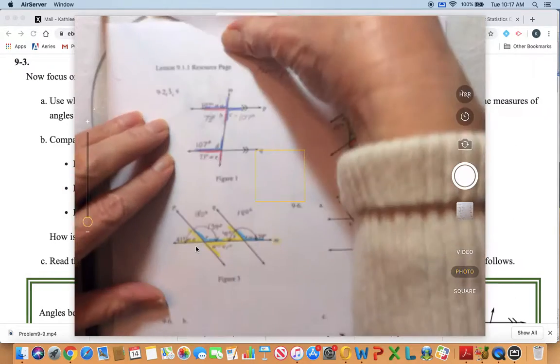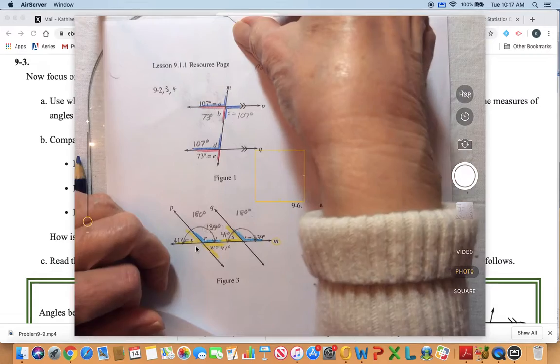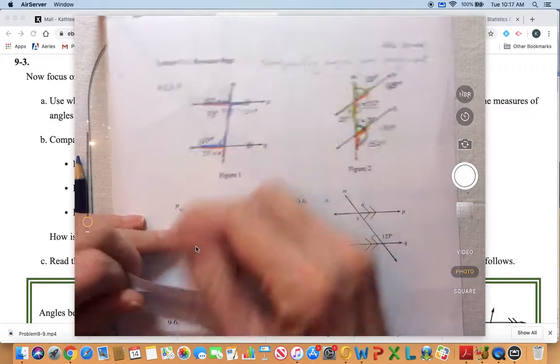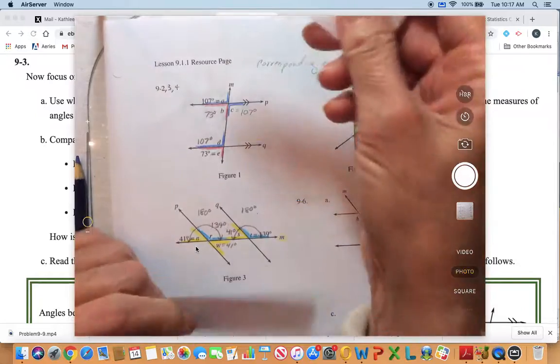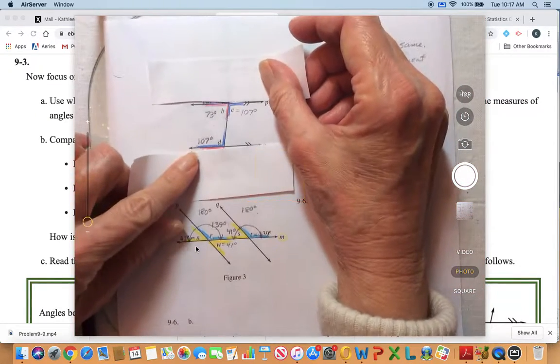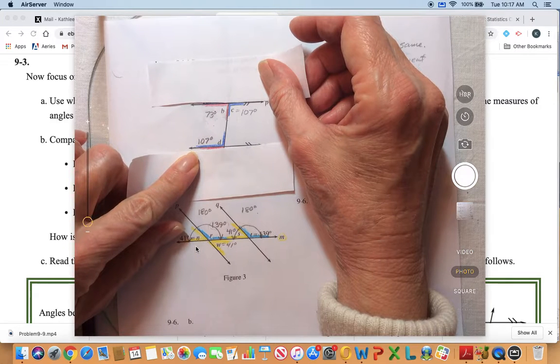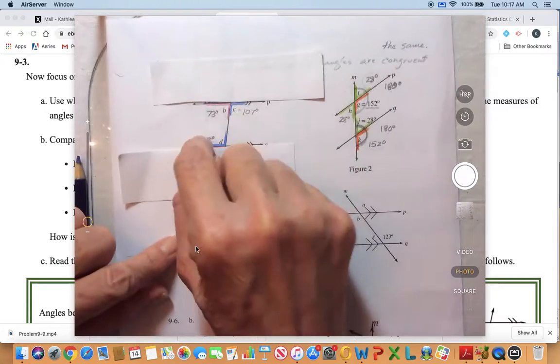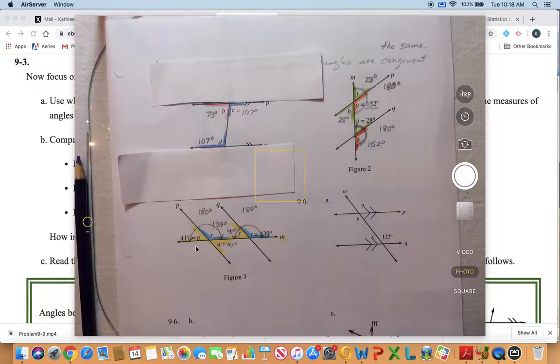So we're looking at these two angles, C and D. I'm going to do something first to help make this a little clearer. Notice that C and D are on the inside of these parallel lines.